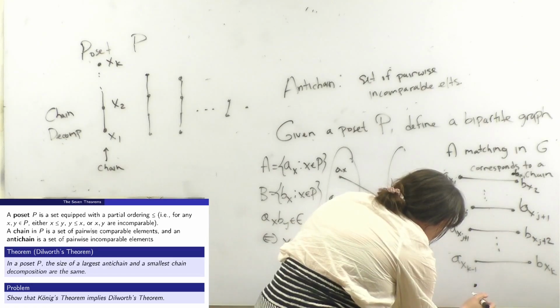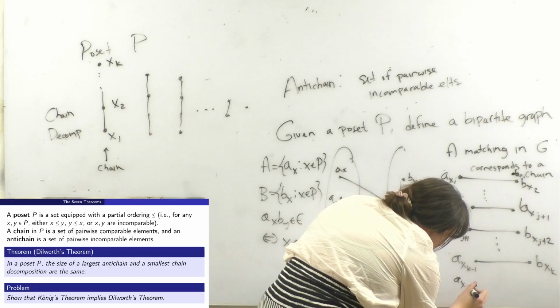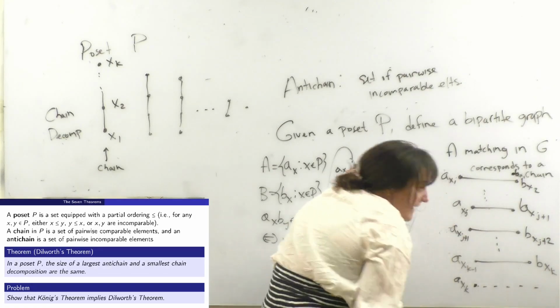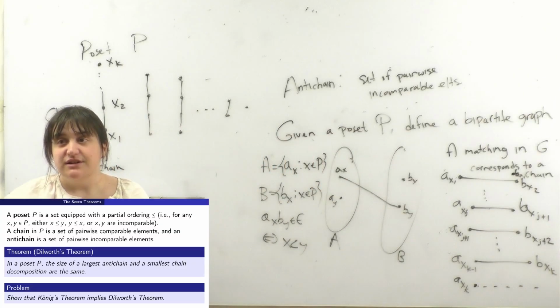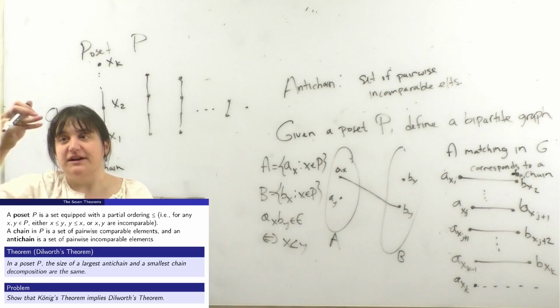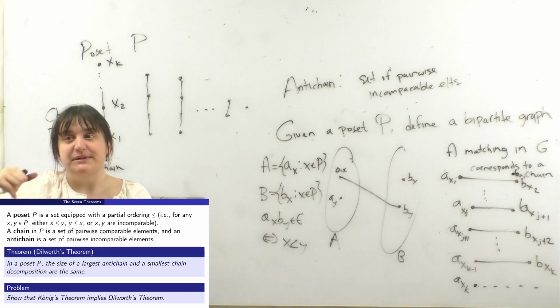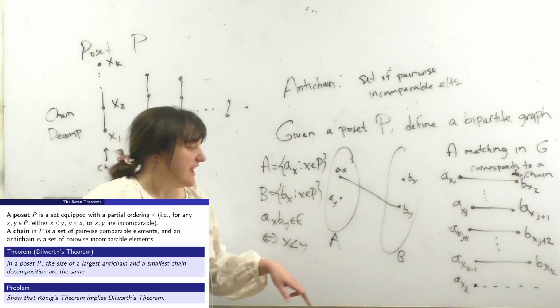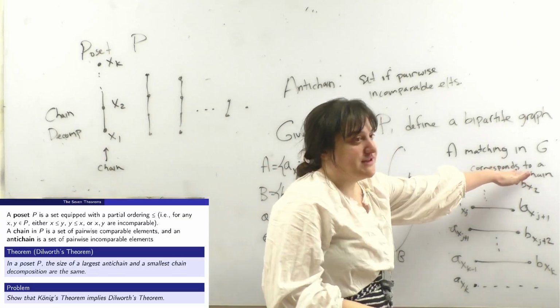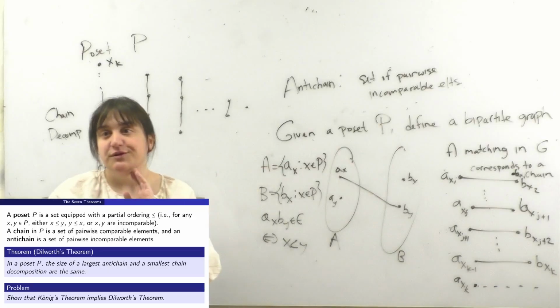And by the way, if a_xk were matched to something over there, then I could find a strictly bigger element to augment my chain. So every chain that I find by finding a special submatching of this form is going to obviously start and end with an unmatched vertex over here or over there if you prefer.